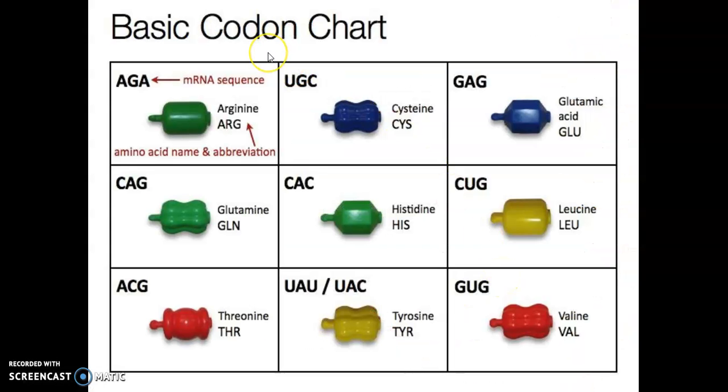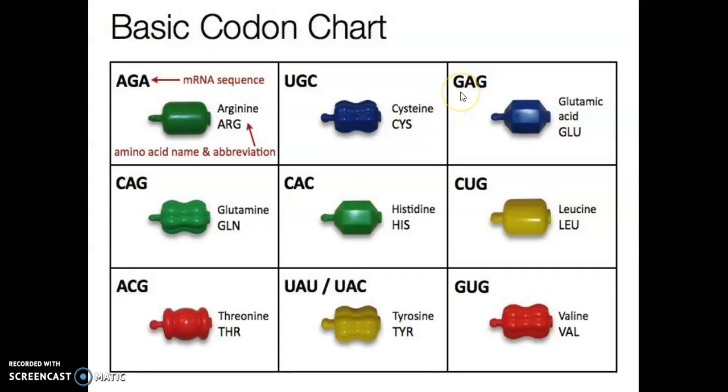Okay, so on our RNA, if we had the codon AGA, then that's going to cause the ribosomes to make an amino acid called arginine, and arginine's symbol is ARG. If the RNA has the code UGC as one of the codons, then that would cause the ribosomes to make an amino acid called cysteine, or CYS.